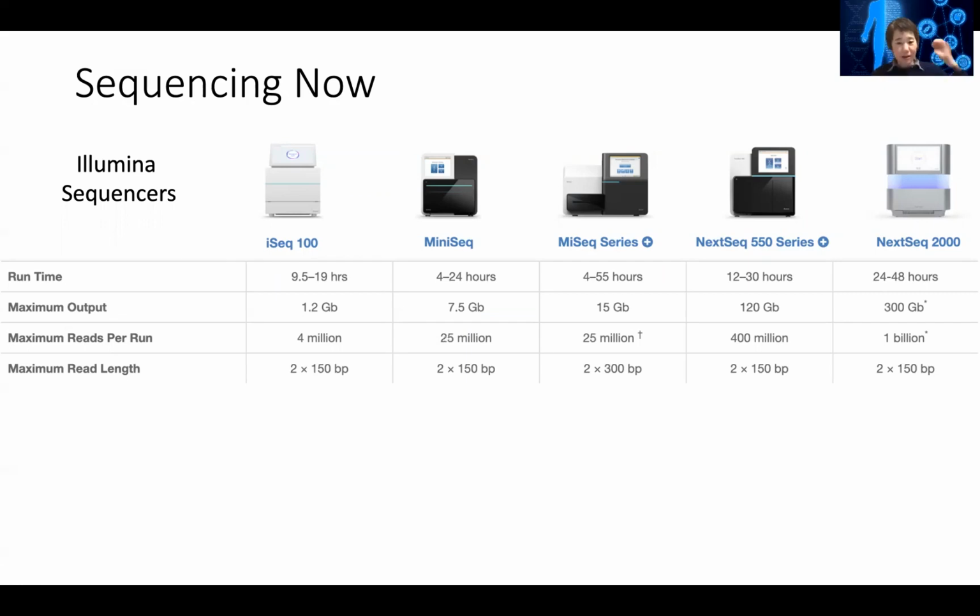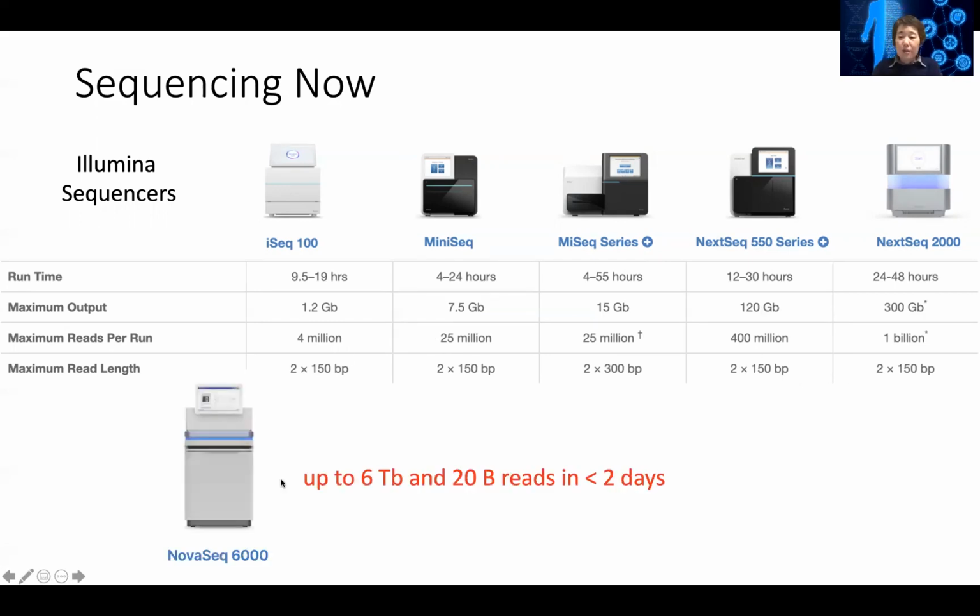Each read is usually 150 base pairs long, and you can have bigger machines from small core facilities, which run for 2 or 3 days and can generate hundreds of gigabytes of data and up to 1 billion reads per run at this read length.